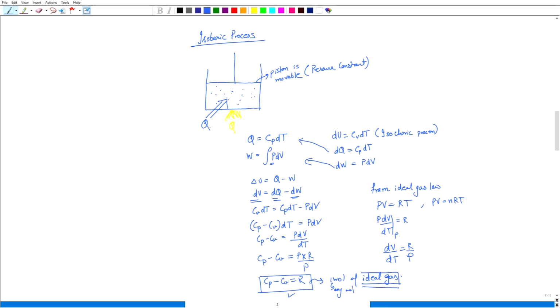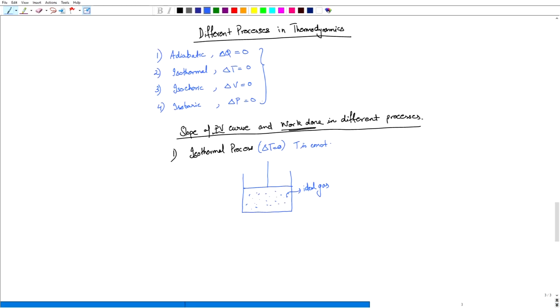So this is to be kept in mind. So we have an ideal gas, and the process is happening in a way that the temperature of the gas will remain constant. So we are supplying heat to this, and this is the ideal gas.